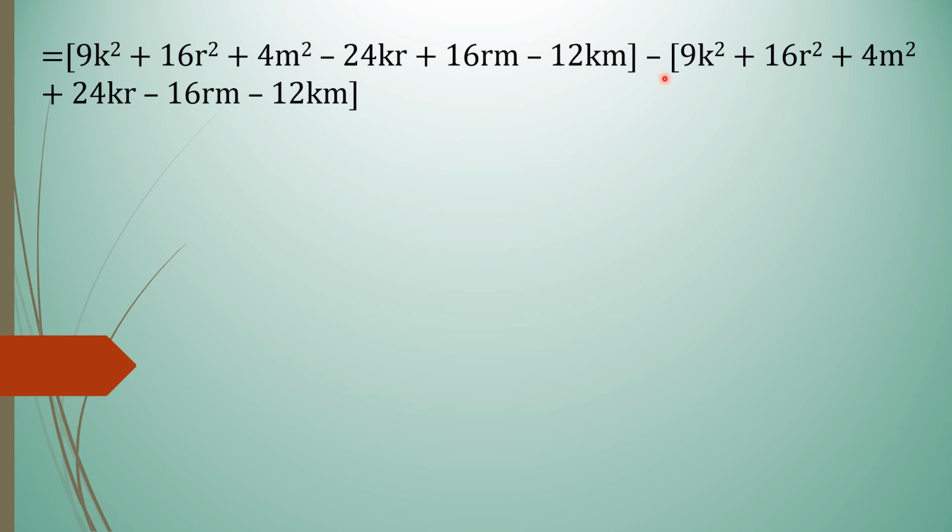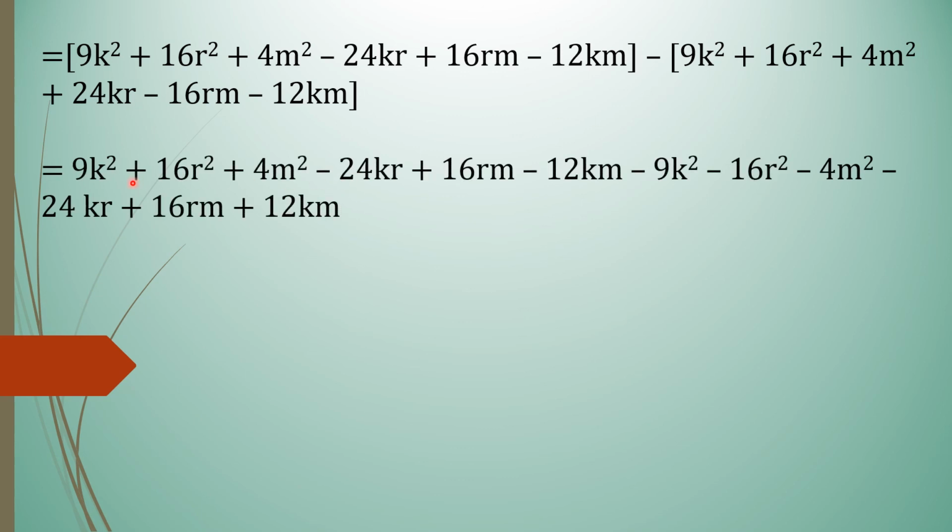So when there is minus, the sign of the terms will change in the second part. So you have to do this carefully. Don't just remove it. See, here it is minus. So when you remove it, minus into plus will become minus. The terms will get the opposite sign. In short, you have to remember this.